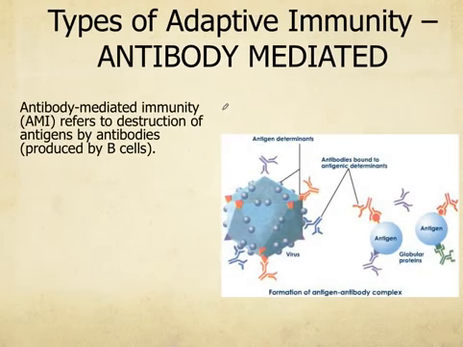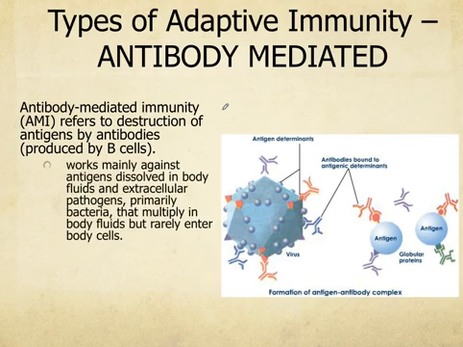So when we're talking about antibody-mediated immunity, what we're talking about is antigens being destroyed by antibodies. This works particularly well against antigens in the bodily fluids, extracellular, meaning things that are outside of the cells: extracellular pathogens, things like bacteria, things that multiply in bodily fluids but do not enter body cells.